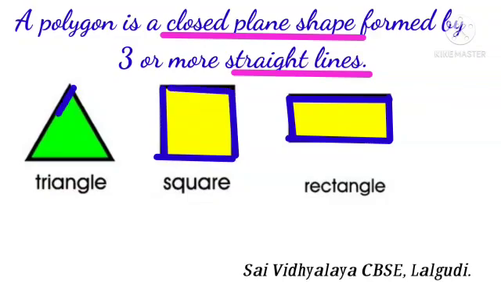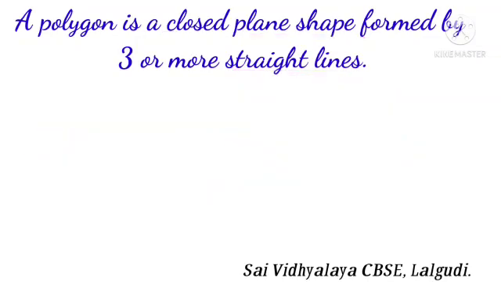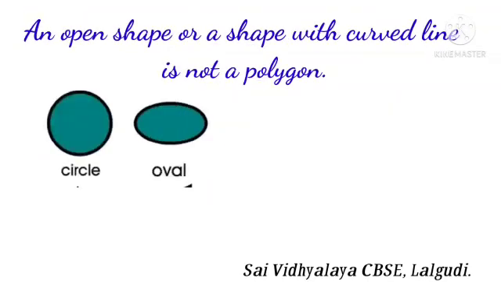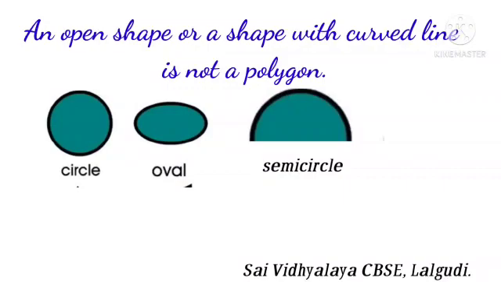It means these shapes begin and end at the same point. Circle, oval and semicircle are not polygons because these shapes have curved lines.